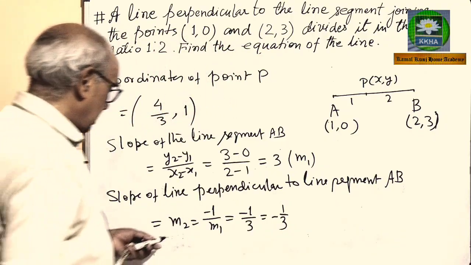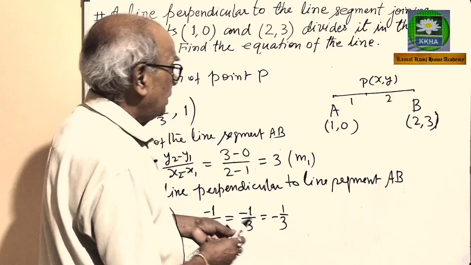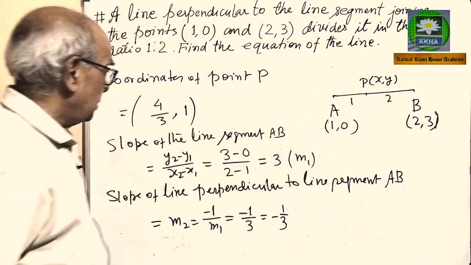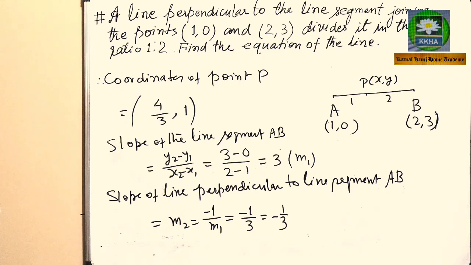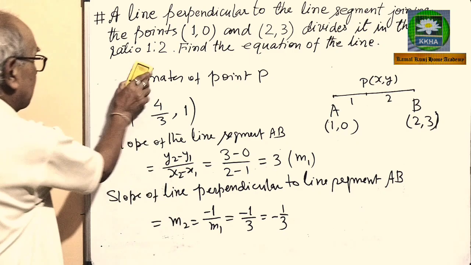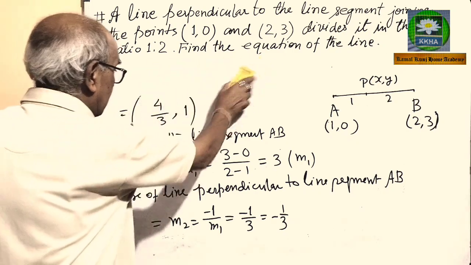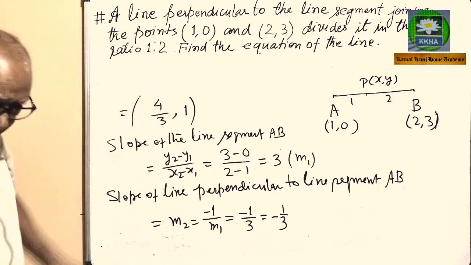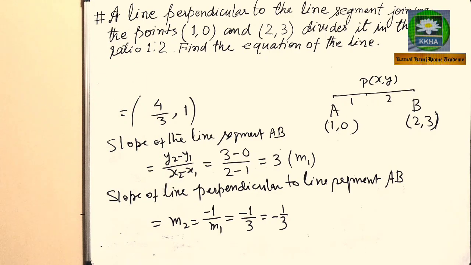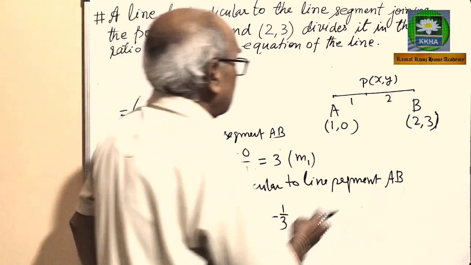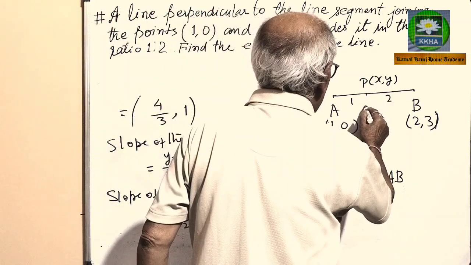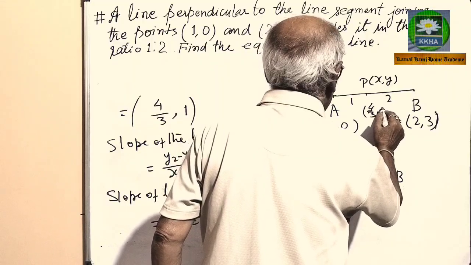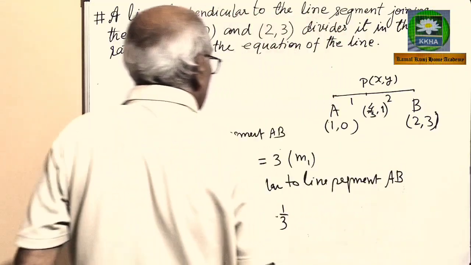So here the slope is known and the coordinates of the point through which this line passes are also known. These coordinates are (4/3, 1).